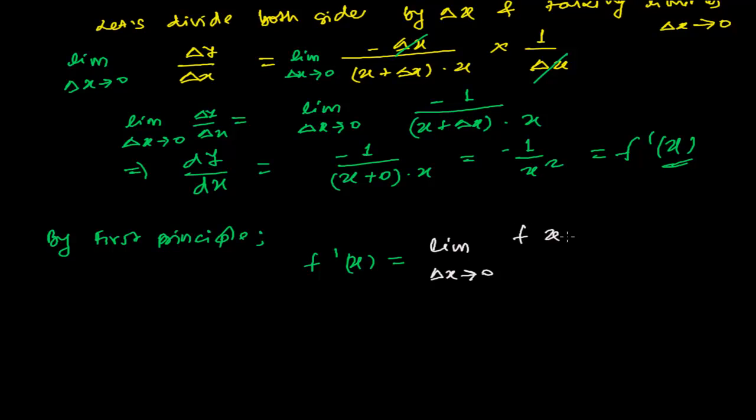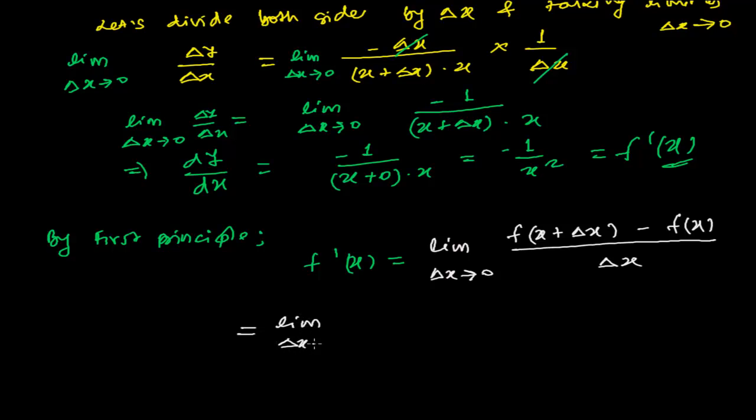Derivative of the function, I need to find f of x, so now f of x plus h minus f of x, sorry, not the h, it is now f of x plus delta x minus f of x, whole divided by delta x. Alright, so now limit when delta x tends to 0.